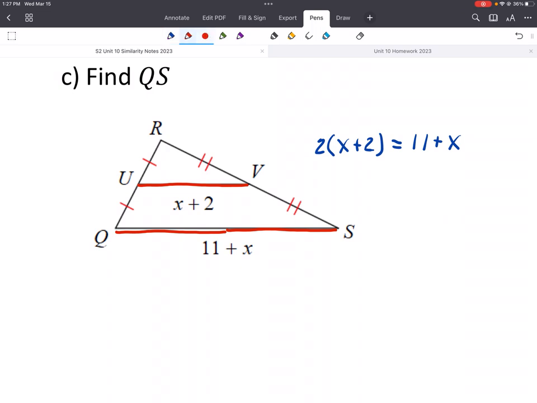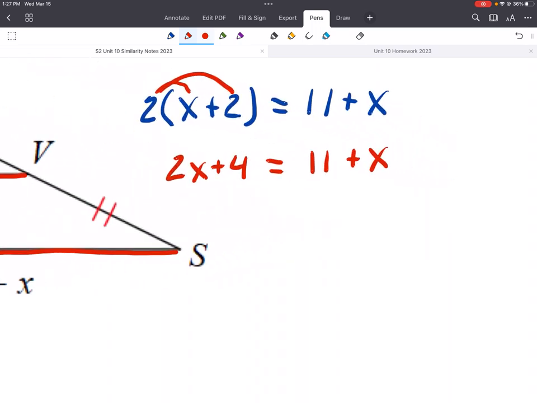So the first thing we want to do is get rid of our parentheses by using the distributive property. So 2 times x is 2x, and 2 times 2 is 4. And then we still have this on the other side. Then we'll want to get x by itself. As long as you follow the rules of doing things to both sides, it should be great.